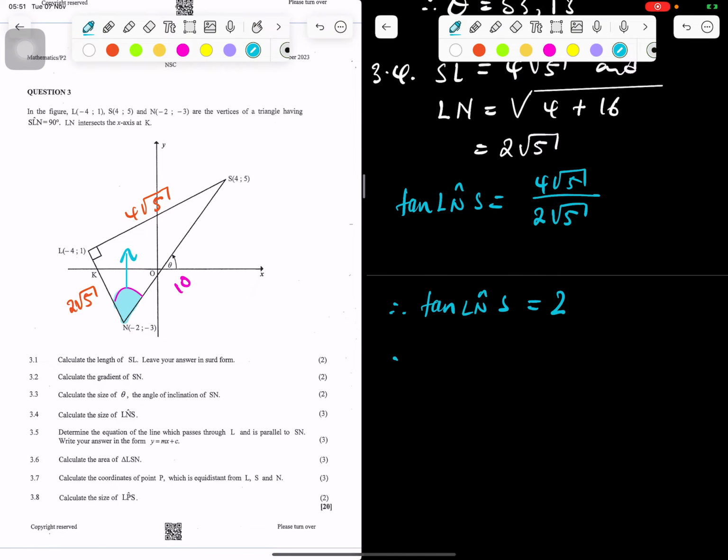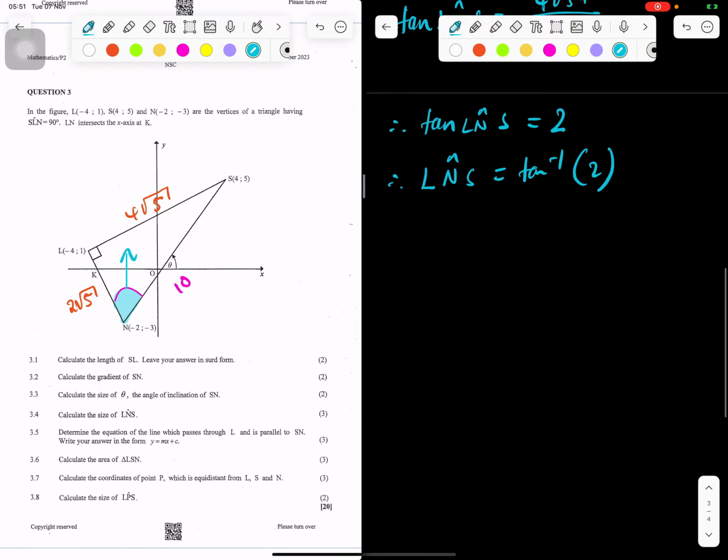There should be 2. Therefore, LNS is equal to the arctangent of 2, which will give us 63,43 degrees.